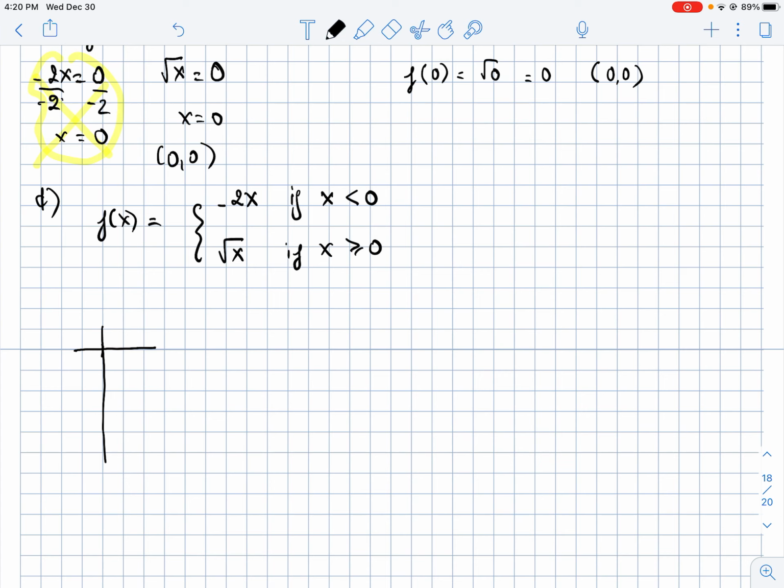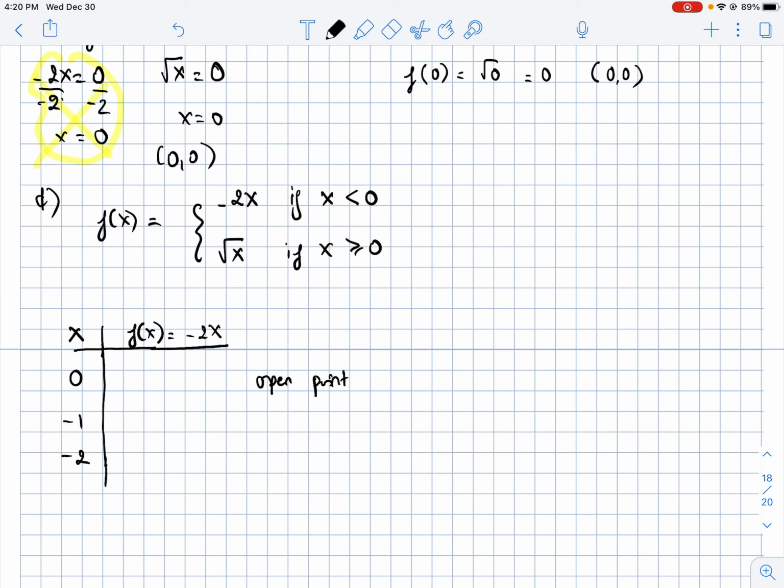What we need to do is make a table for the two pieces. So x and f of x equals negative 2x. That is the first piece. We keep in mind that the domain of the first piece is less than 0. We begin from 0, and this point is an open point because 0 is not in the domain.